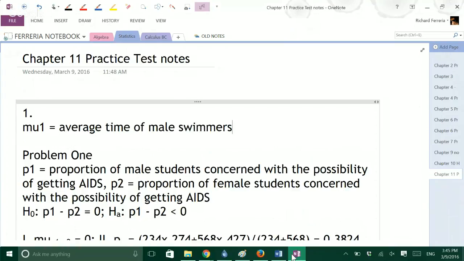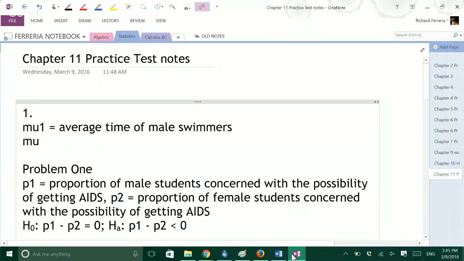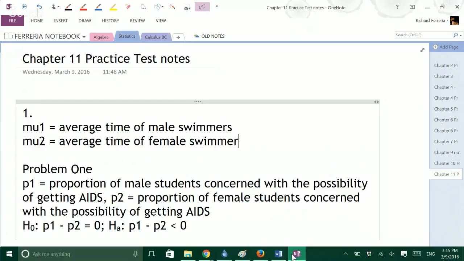Now, there's nothing wrong with saying that mu1 is the average time of female swimmers, and you could certainly do the problem correctly that way. You just need to make the choice and be consistent with your choice.